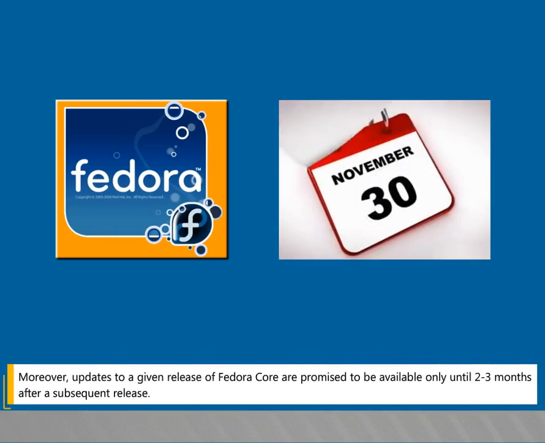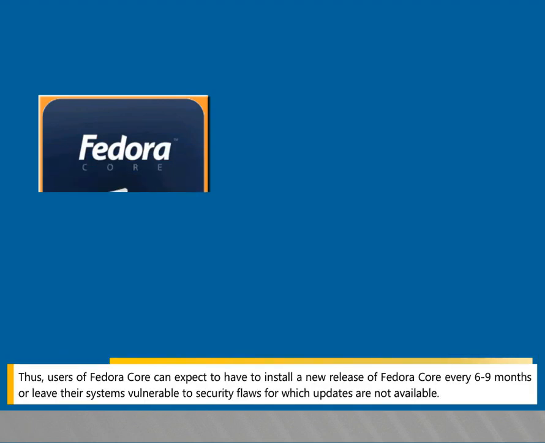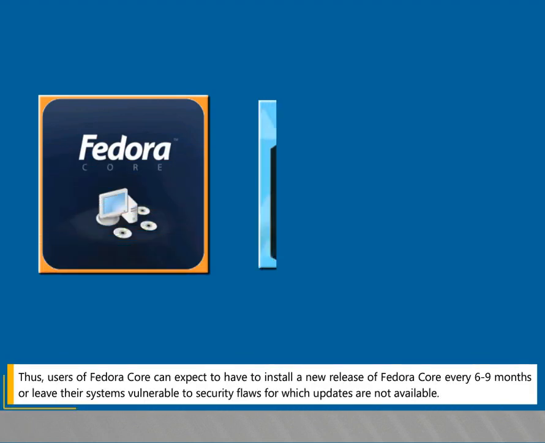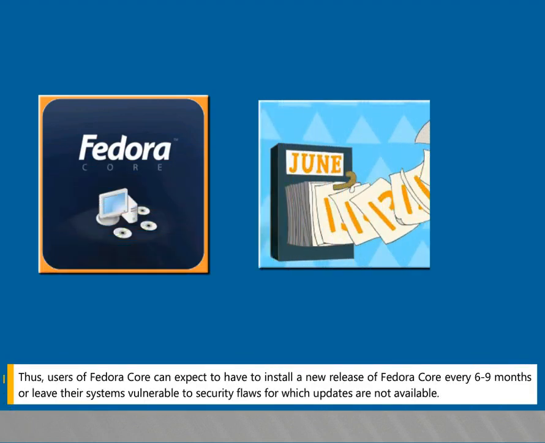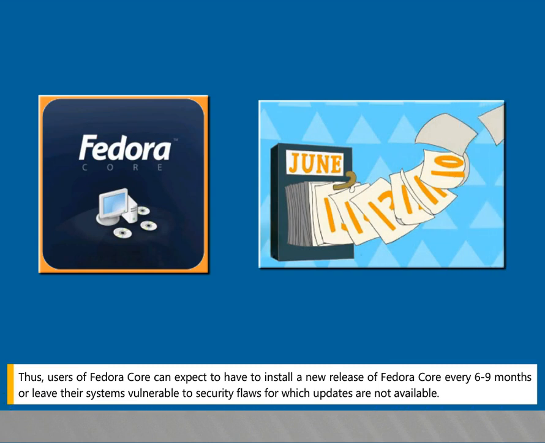Moreover, updates to a given release of Fedora Core are promised to be available only until 2 to 3 months after a subsequent release. Thus, users of Fedora Core can expect to have to install a new release of Fedora Core every 6 to 9 months or leave their systems vulnerable to security flaws for which updates are not available.